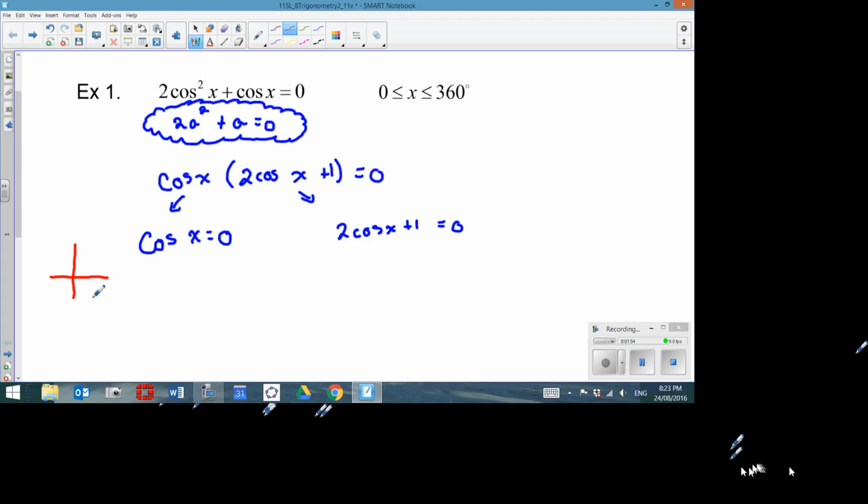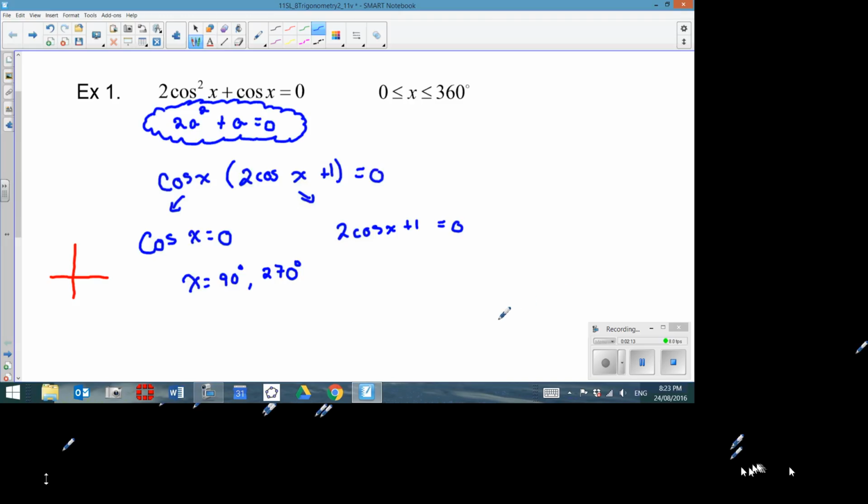Cosine would be 0 at pi over 2, or 90 degrees, and also at 270 degrees, since we're within 0 to 360. So let's answer with our 2 values here, 90 degrees, answering in degrees since the question's asked in degrees, and 270 degrees.